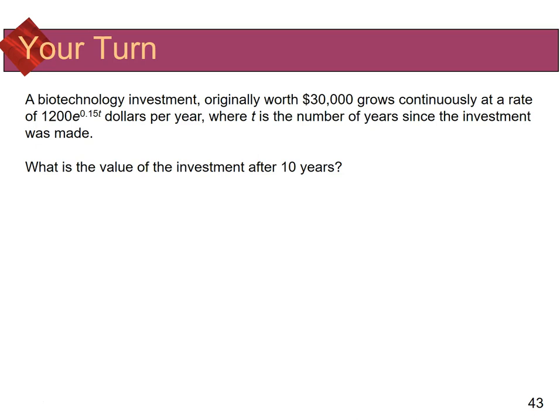Well, since I'm given the rate of change of the investment, which is 1200e to the 0.15t, for me to get to a formula for V of t, I'm going to have to do an integral of this.